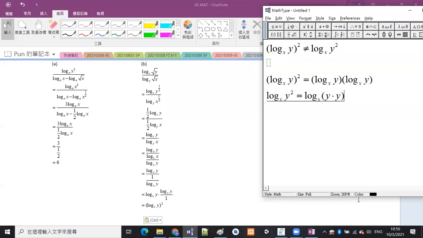Okay, so they are not the same. Which means that the log y base x bracket square cannot be equal to 2 log y base x. Okay? Because the square is not for the number inside the log. So the square cannot be brought to the front of the log.